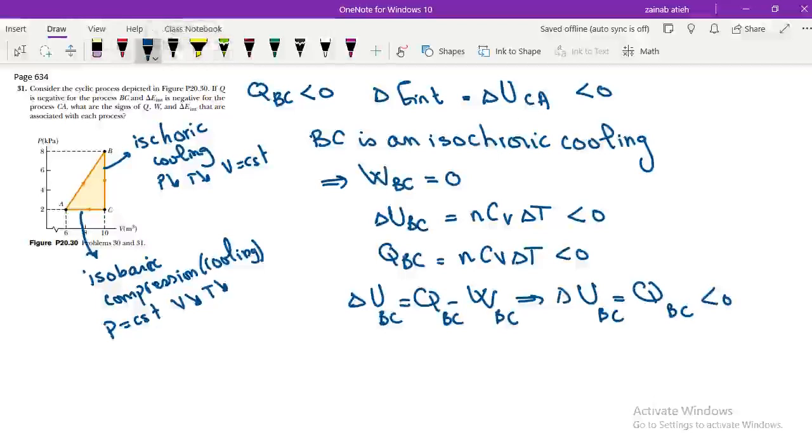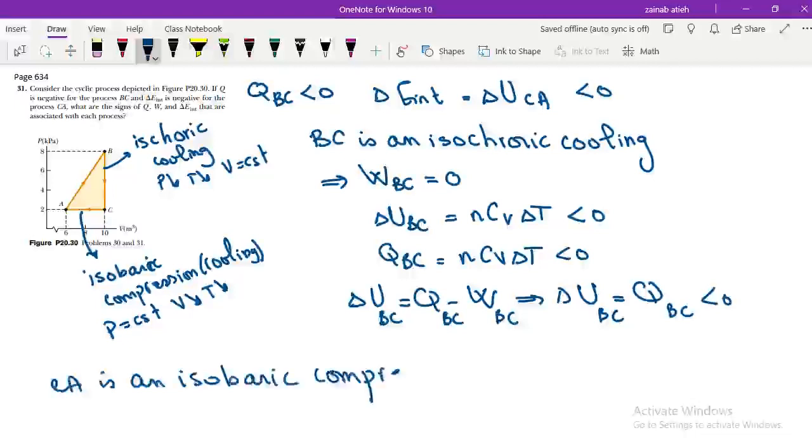We have finished the first part of signs for the first process. Let's now move to the second process, which is CA. CA is an isobaric cooling or compression, because we are going from large values of V to small values of V. We can first start with the work. Work is the easiest one. We are compressing.